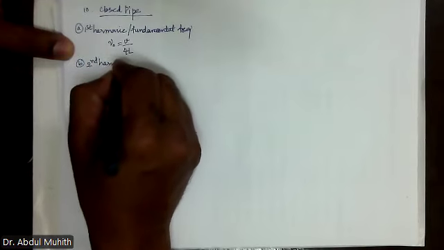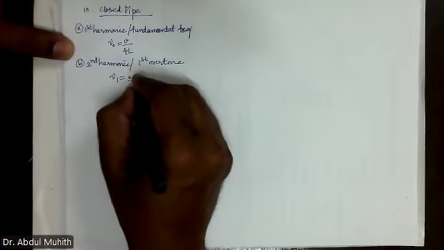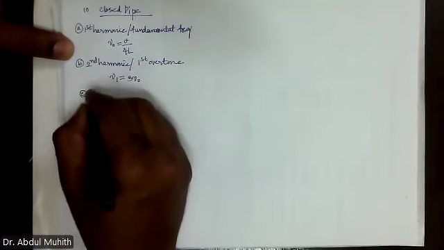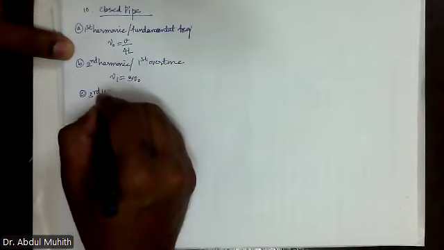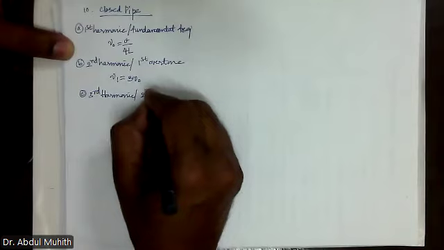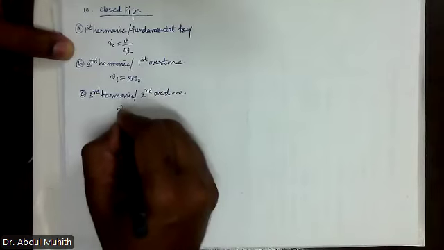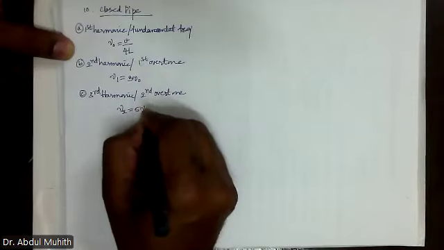Second harmonic, or first overtone: nu 1 is equal to 3 times nu 0. Third one, third harmonic or second overtone: 5 times nu 0.